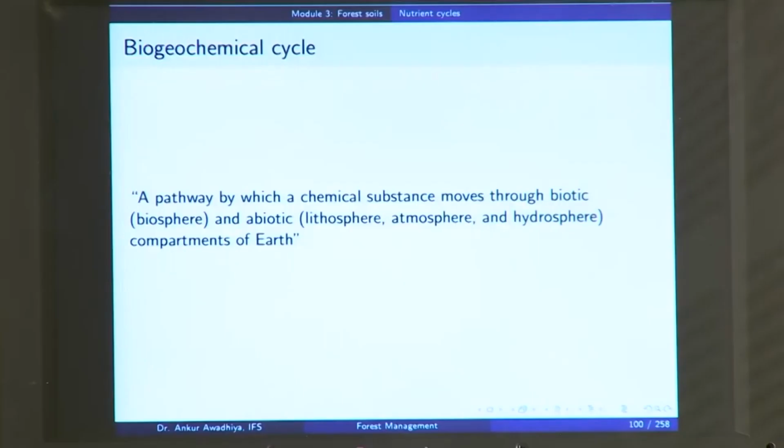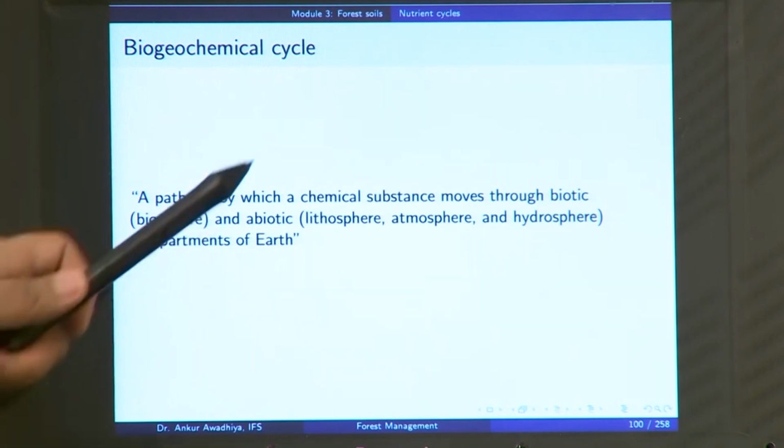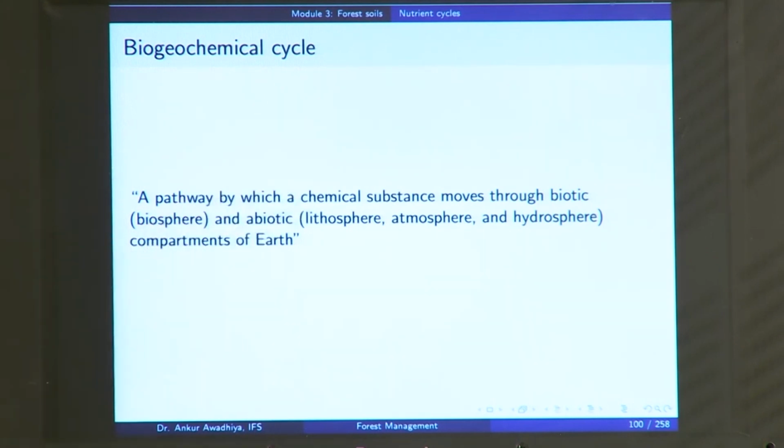Now, we saw before what a biogeochemical cycle is, and we said that a biogeochemical cycle is a pathway by which a chemical substance such as a nutrient moves through biotic and abiotic compartments of the earth.